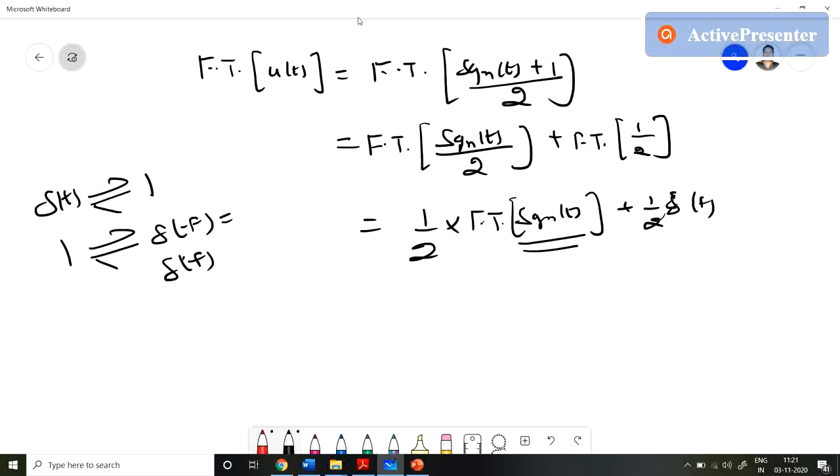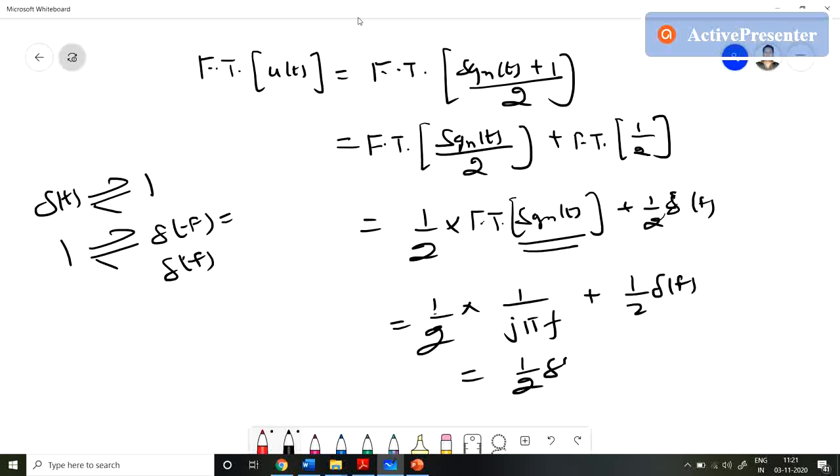And the Fourier transform of signum t we derived in the previous question is 1 divided by j pi f. So the solution is 1 divided by 2 delta(f) plus 1 divided by j 2 pi f. This is the Fourier transform of u(t).